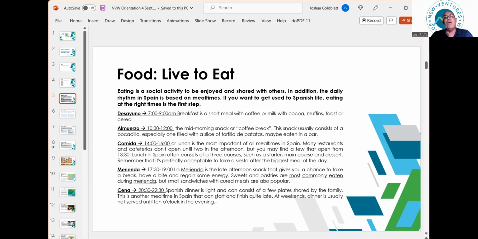And then they bring you out a plate of bacon and eggs at 10 o'clock at night, for example, or sausages, or frankfurters, or a hamburger, that kind of stuff, or pizza, if it's fast food. So that would be an evening meal. That's your cena. And that can be very, very heavy if you're not used to it.